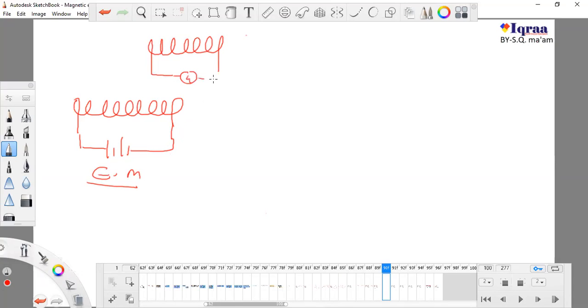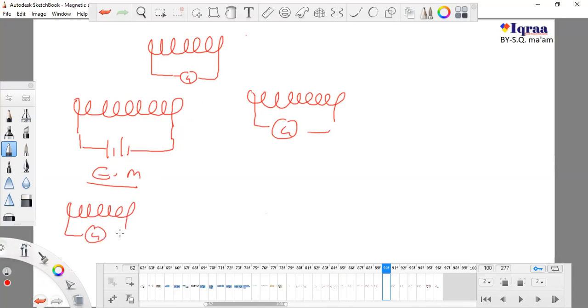So don't forget that this is a magnet because it is having this current flow. And all others are normal conductors or normal coils, and this is our electromagnet.